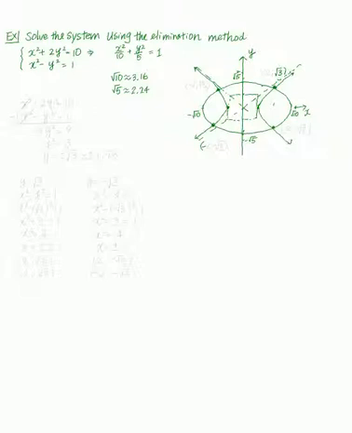If I take x squared plus 2y squared equals 10, and I subtract x squared minus y squared equals 1, just remember I'm distributing a negative. The x squareds completely cancel.